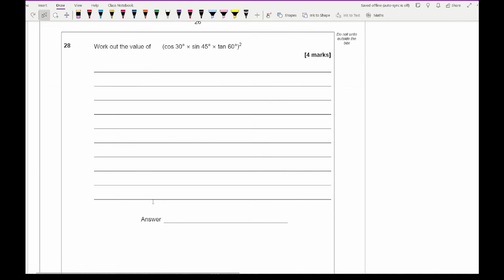Then moving on to question 28. It says work out the value of cos 30 times sin 45 times tan 60. So for these, what you need to do is know your exact values of trig.